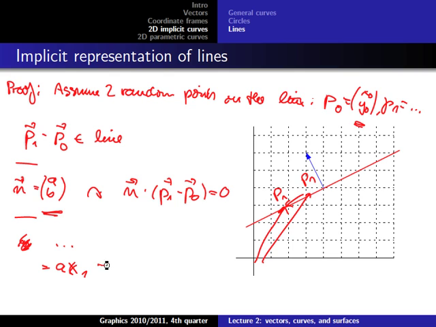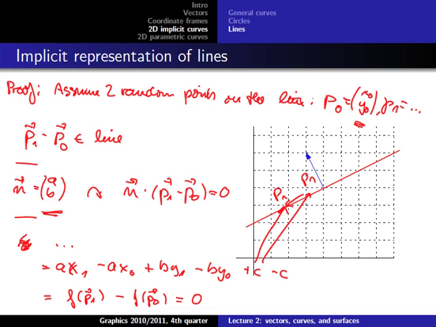a x1 minus a x0 plus b y1 minus b y0 plus c minus c. And if you remember the implicit equation of a line, you will see that this is exactly f(p1) minus f(p0), which per definition, because p0 and p1 are on the line, must be 0, so the difference is also 0.